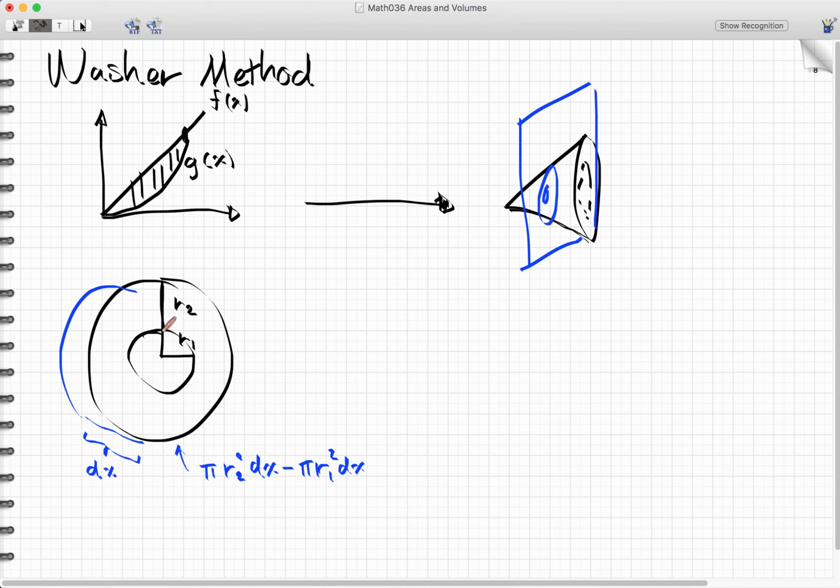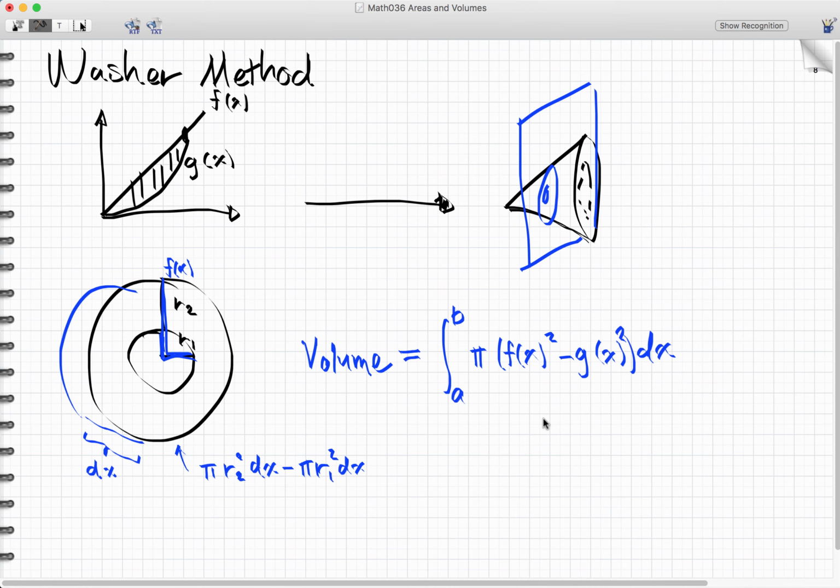But again, r1 represents the height of our function g of x, and r2 represents the height of function f of x at a particular point. And therefore we get that this volume obeys the formula: the integral from a to b of pi times f of x squared minus g of x squared, integrated with respect to dx.